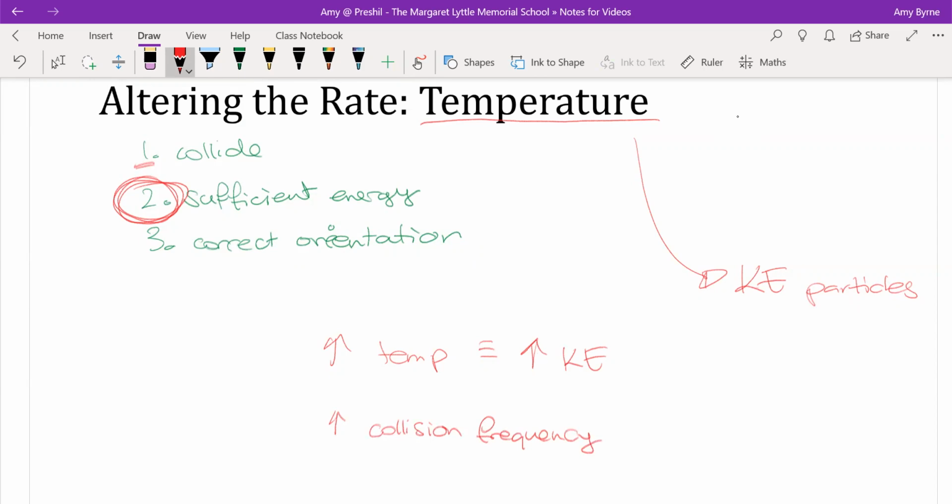Again, that is a point of terminology that the IB can sometimes be a bit finicky about. So make sure that you are talking about collision frequency. When I increase the temperature, the primary way in which that increases reaction rate is by supplying more energy. However, it also has an effect on the collision frequency. So this is the most important, and this is there a little bit, but not as important.